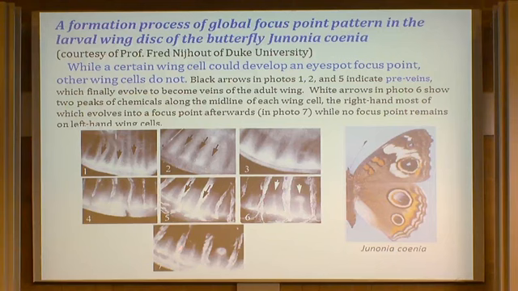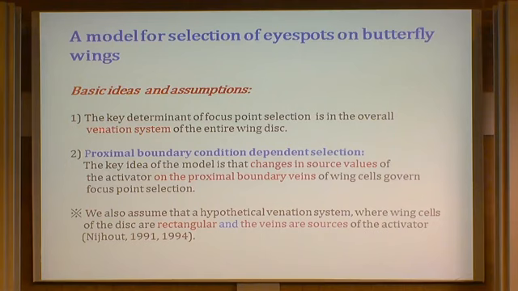So our model is for selection of eyespot on butterfly wing. The basic idea and assumption here: the key determinant of focus point selection is the overall venation system of the entire wing disk.